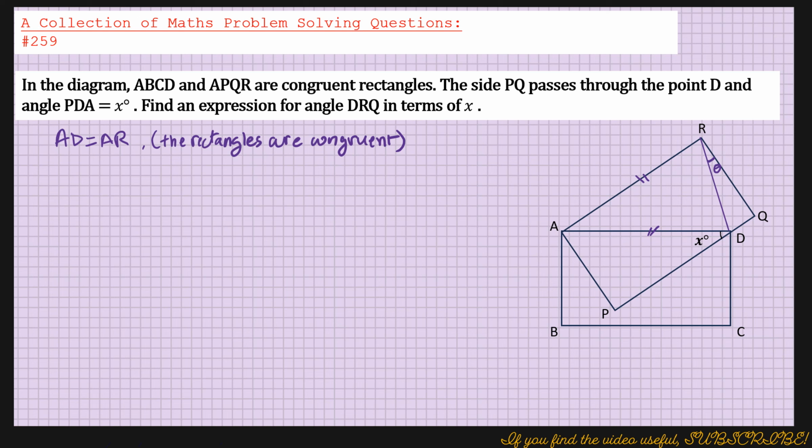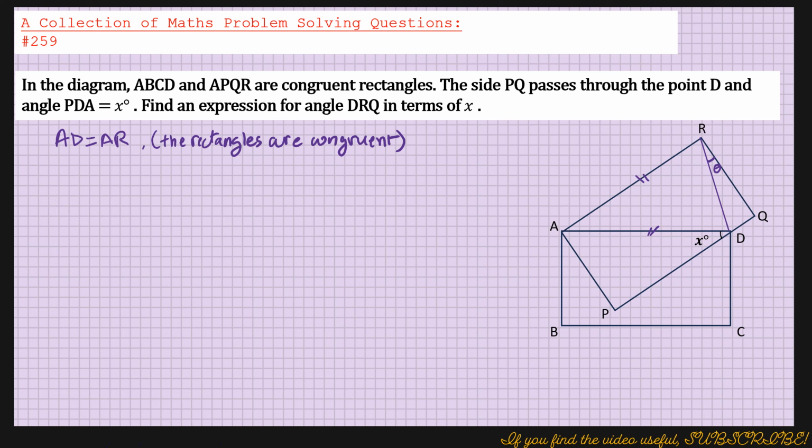So you see that this side AR and this side AD would fit on each other, so they would be equal, and also they would be equal to BC and PQ. But we are not interested in BC and PQ for the purpose of this question. So we only say AR equals AD because the rectangles are congruent.